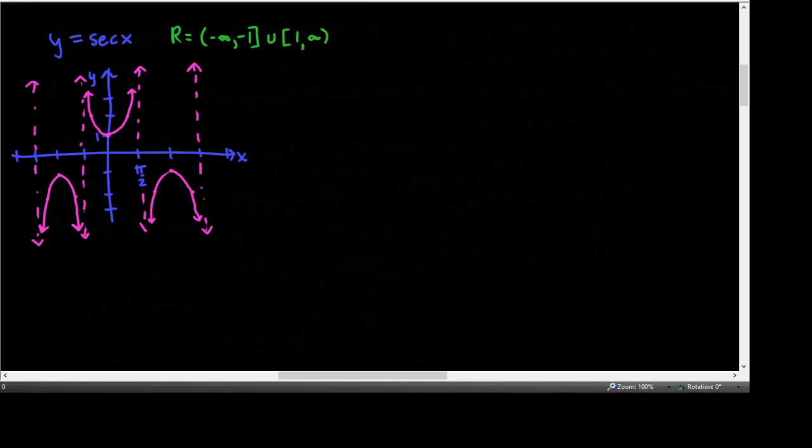Either one of those would work. The better choice, because you can use positive x's, is to go from 0 to pi over 2. Use that asymptote and go from pi over 2 to pi. Okay, and so the domain restriction there is 0 to pi over 2, union pi over 2 to pi.